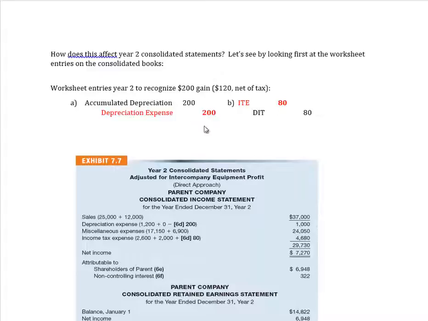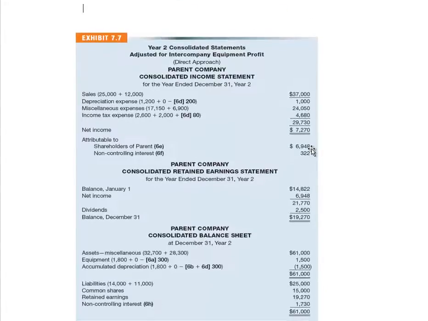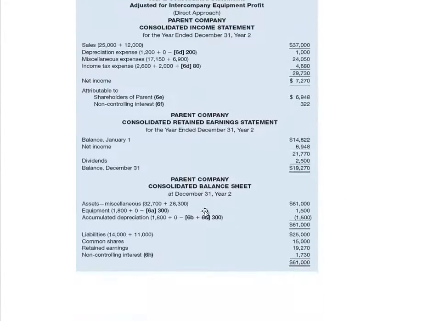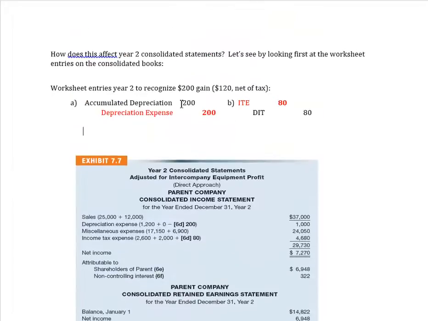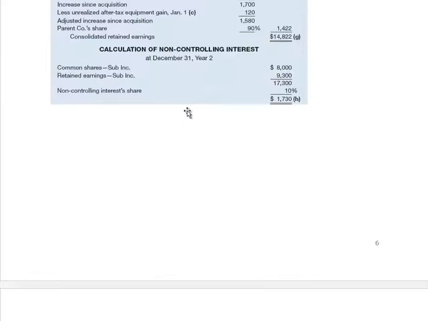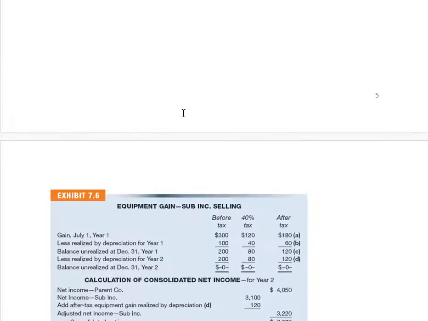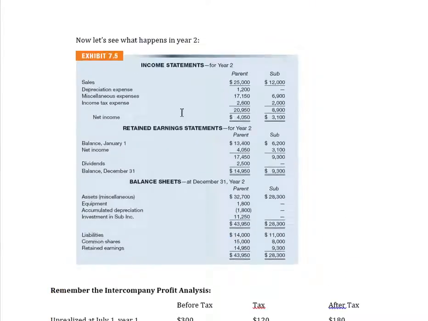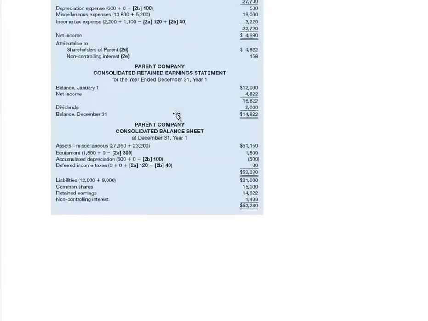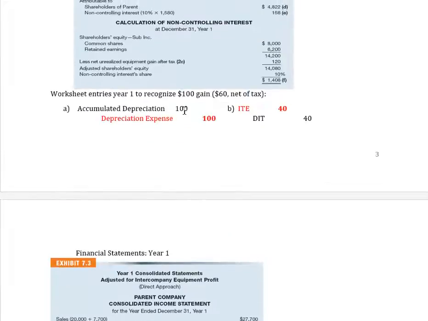So now you'll see here in the accumulated depreciation we've got accumulated depreciation debited by 200 here, coupled with what we did back up here when we debited that same account by 100 in year 1 when we recognized, or booked, 100 of the $300 gain.